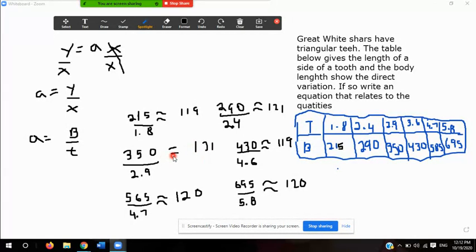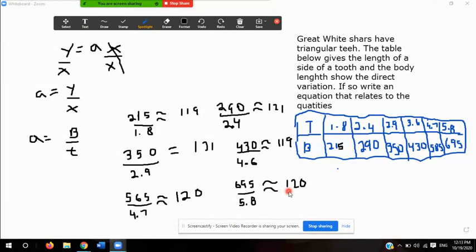And if you look at 565 by 4.7 and 695 by 5.8, they're both approximated. So what you're doing is you're more or less, depending on what you've got, approximating. So if I look at 565 divided by 4.7, the problem is approximately 120.76.